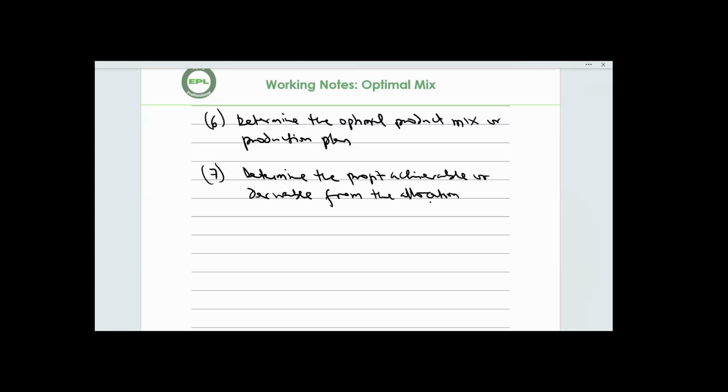So in this case, just prepare the income statement. That's all. That's the procedures.